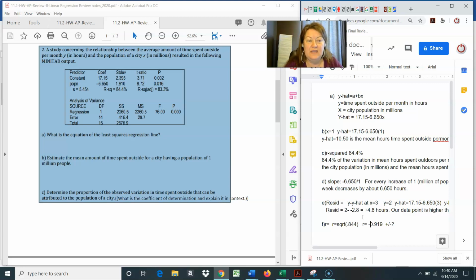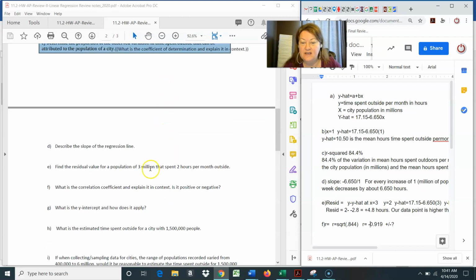If I went the other way, if they gave me R and I was trying to figure out R squared, it wouldn't matter, because if R was positive or negative and I squared it, it would become positive. So it's only when we go backwards from a squared to a square root that I have to remember about pluses or minuses.